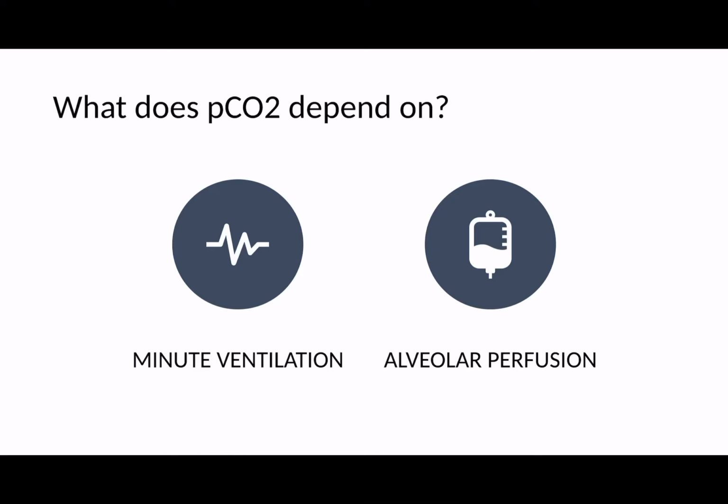There's no point in lots of gas coming in and out if none of the blood is getting to those areas of lung that are being aerated or ventilated, because you need the deoxygenated blood with the high carbon dioxide levels to actually get to the ventilated bits of lung, which then allow the carbon dioxide to diffuse through the concentration gradient from the capillary into the alveolus and then out into the endotracheal tube and the ventilator. So minute ventilation and alveolar perfusion.